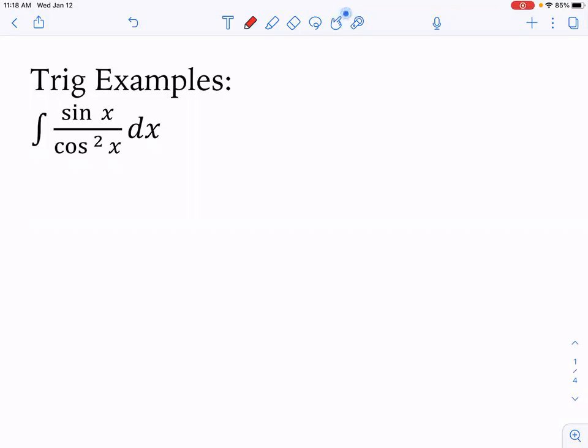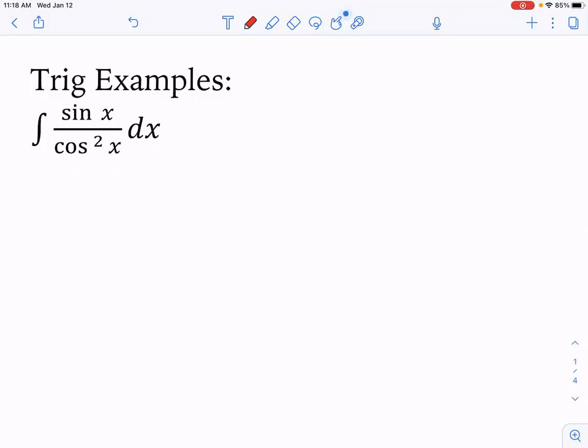Okay, so this is what I noticed. I noticed that cosine is in the denominator, right? And cosine and sine have a derivative relationship, right? How should we take advantage of that? I heard two different things.